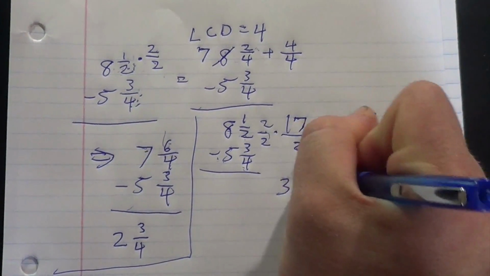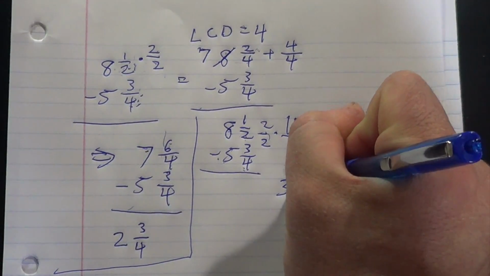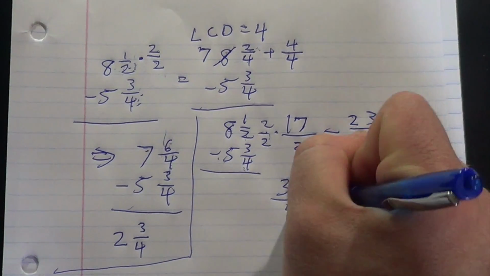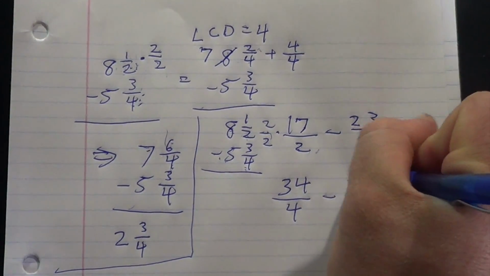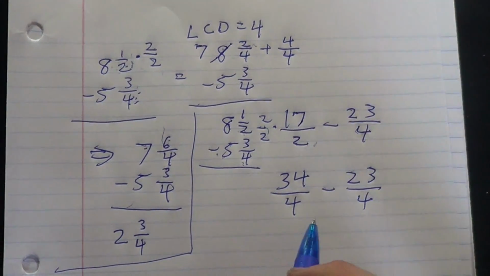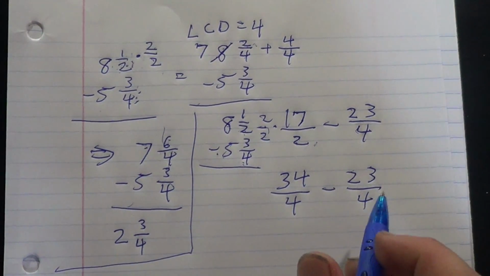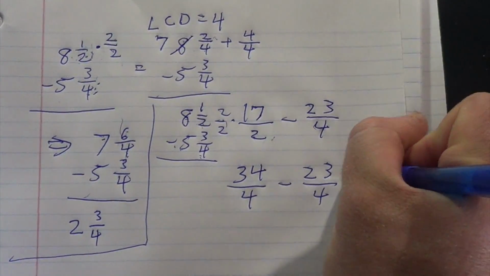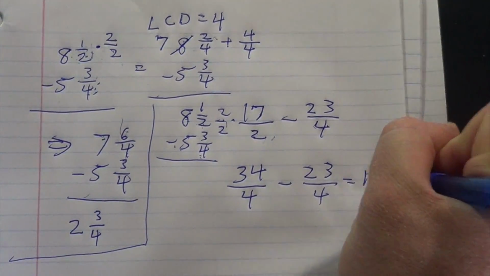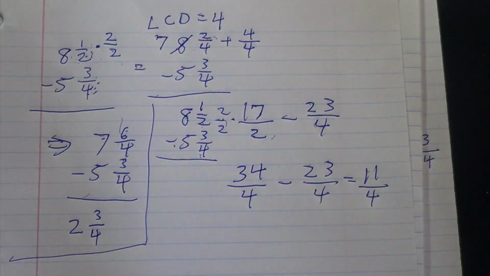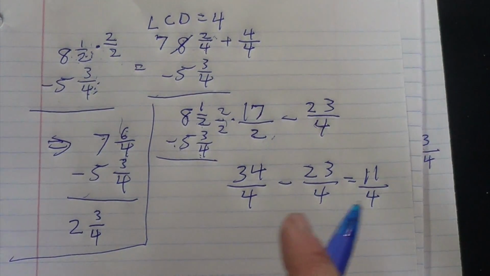And this is going to become 34, because 2 times 17 is 34, over a 4 minus a 23 over a 4. Well, 34 minus 23, that equals 11 over 4. Okay, so we got 11 over 4.